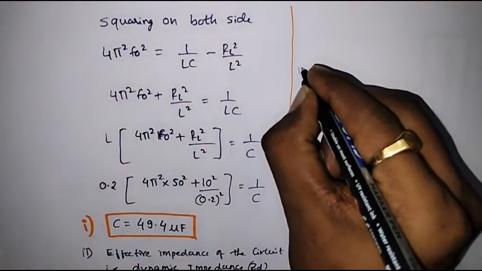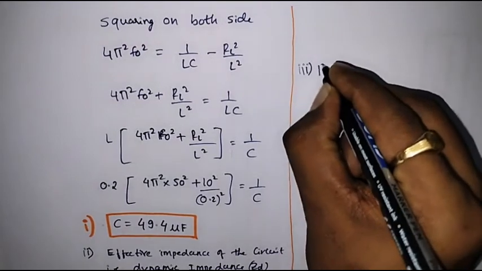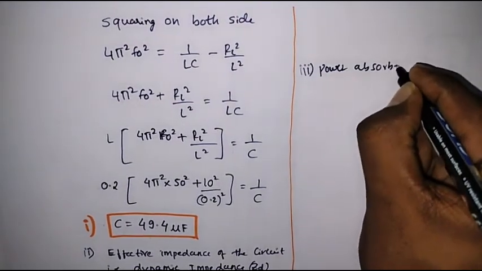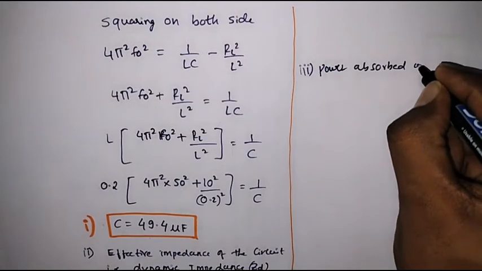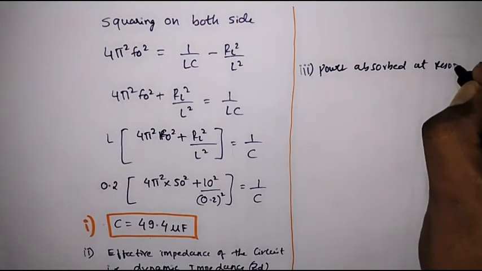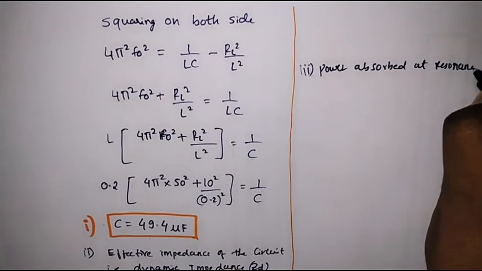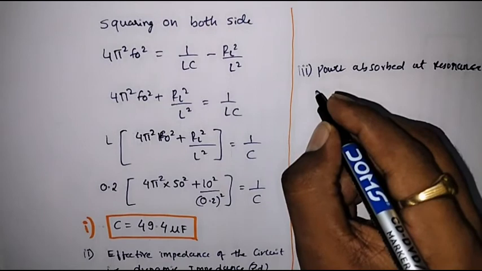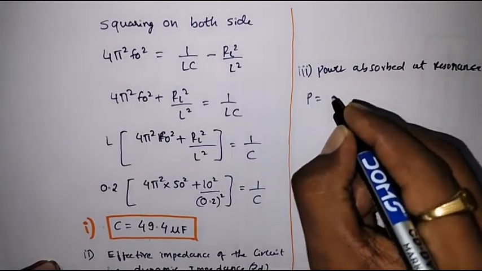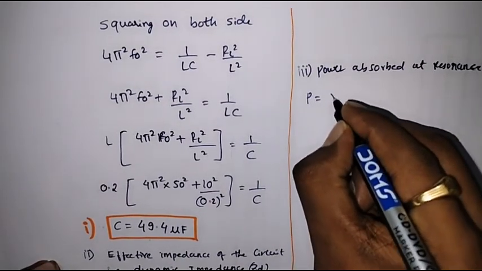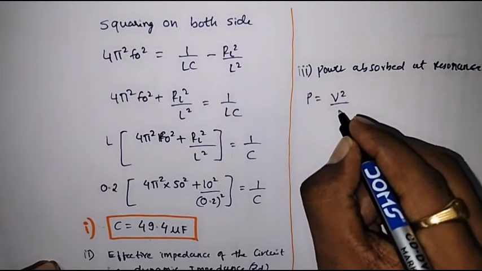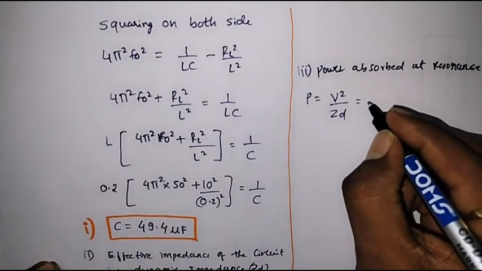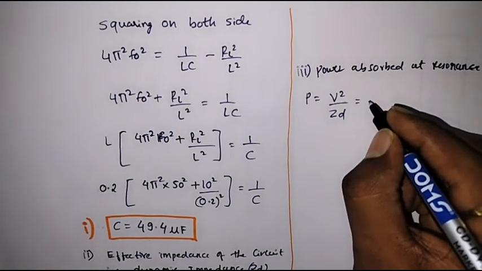The third sub question is power absorbed at resonance. We know that power is equal to V square by impedance. Here the impedance is dynamic impedance, and V is the supply voltage.